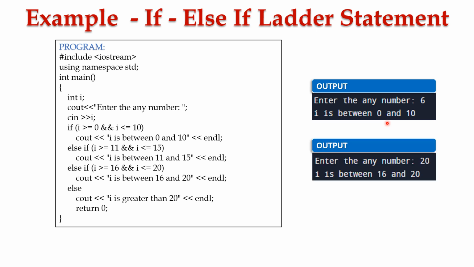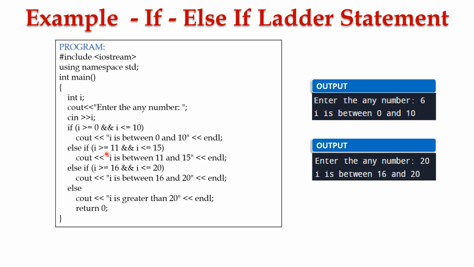Next, let's have another output example. Here, "enter any number" is displayed to the user as shown in the main method. The user has given the value 20. So for 20, we check the first condition: i should be greater than or equal to 0 and i should be less than or equal to 10. Since 20 does not satisfy this condition, it moves to the next else-if.